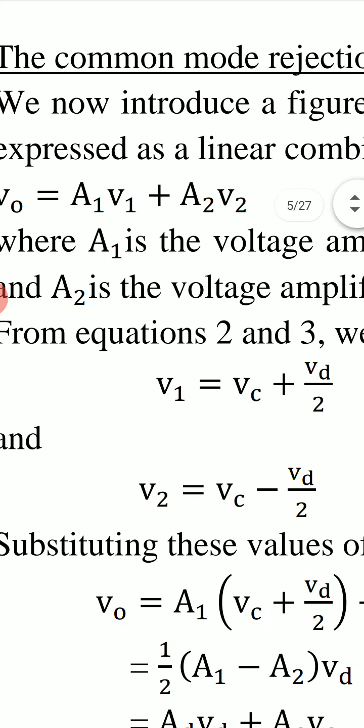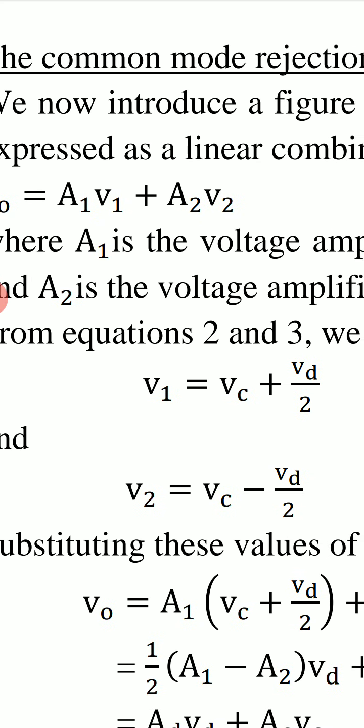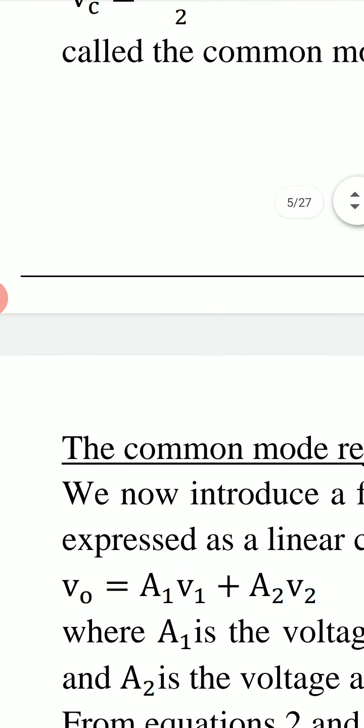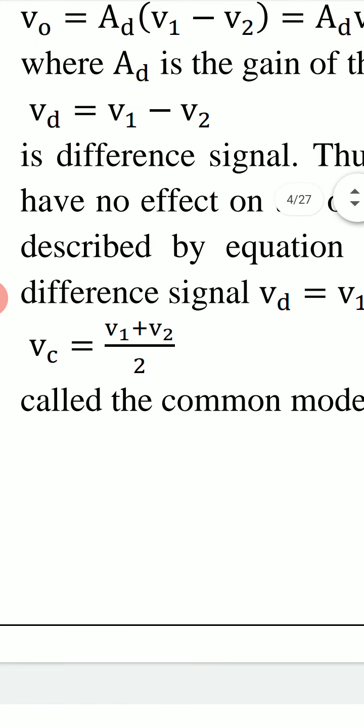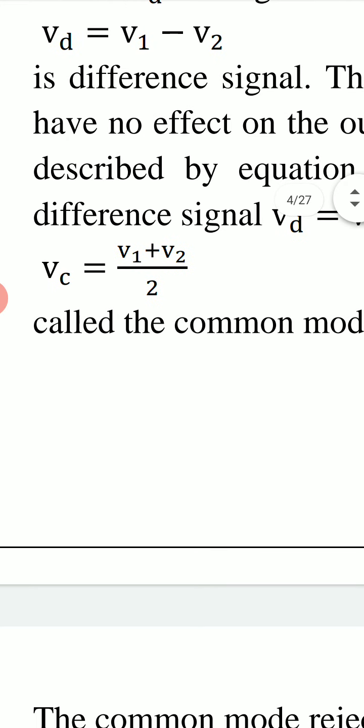From equations 2 and 3, equation 2 is Vd equal to V1 minus V2, while equation 3 is Vc equal to V1 plus V2 upon 2. These two equations can be solved for V1 and V2.